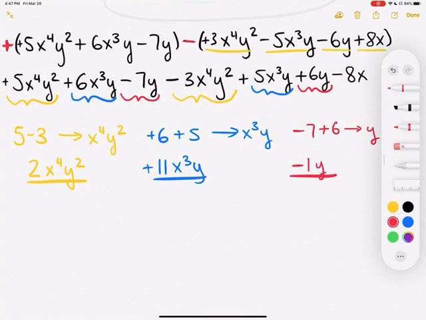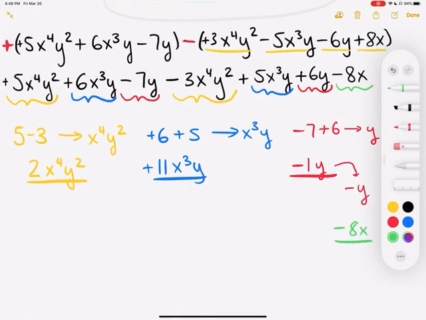So negative 1y. Later on, we're going to replace this for negative y. Since we don't say I have one apple, you say I have an apple, right? So we don't include the one as a coefficient. And the last term, we have some other term in here. That's a negative 8x. If you don't have anything to combine that term with, so be it, just leave it by itself. It's a negative 8x.